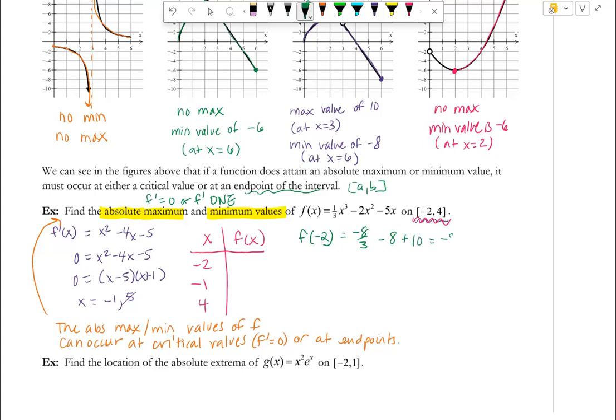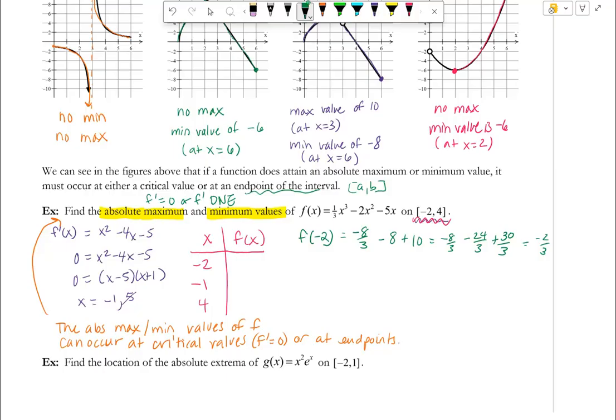So let's see, we get -8/3, I'm going to get a common denominator, minus 24/3 plus 30/3, that's like -8 plus 6/3, which is -2/3 there.